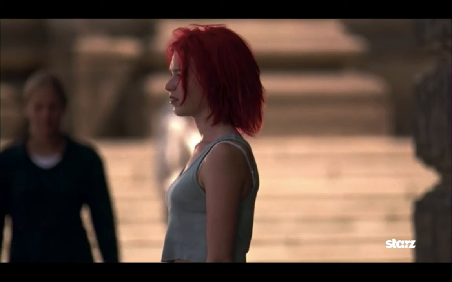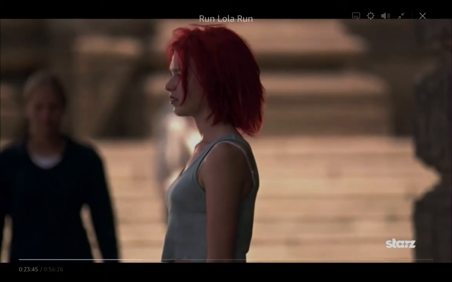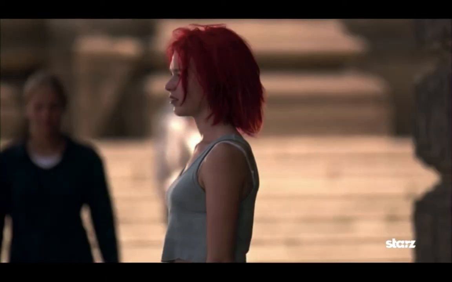How do we know that? Well, the background here is all distorted, right? And this woman who's right here, who is in the background, appears to be close to Lola. Now she's going to be walking towards Lola, and one of the things that the long lens does is it also distorts movement from the background to the foreground.